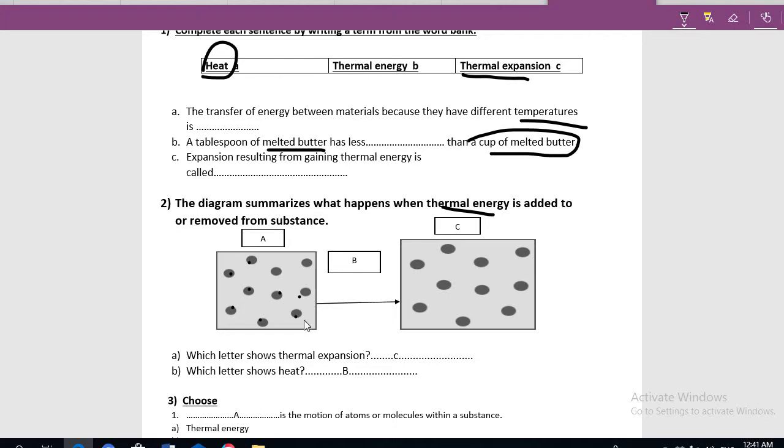After I heated the substance in A, the particles inside substance A start to expand like in this picture. So which letter shows thermal expansion? C. Which letter shows heat? B.